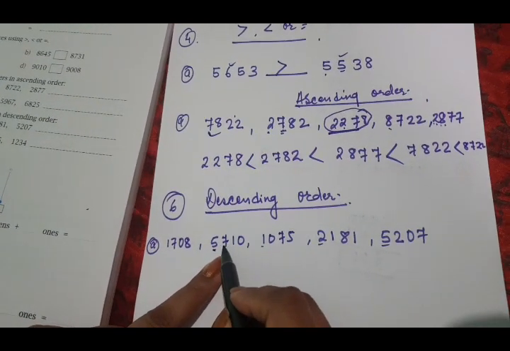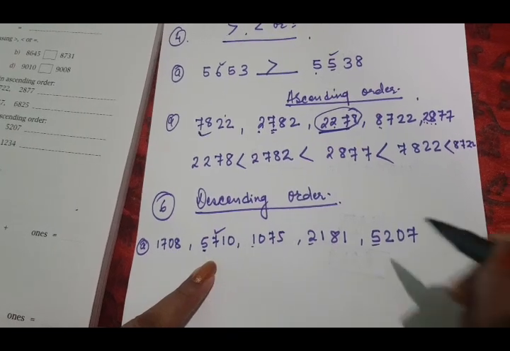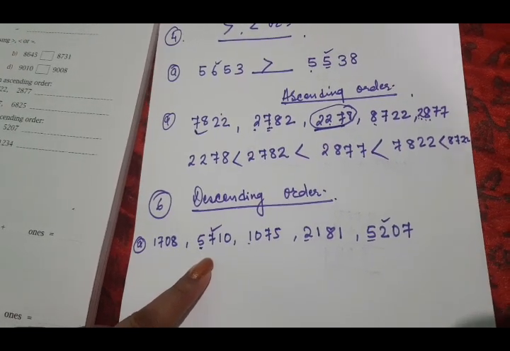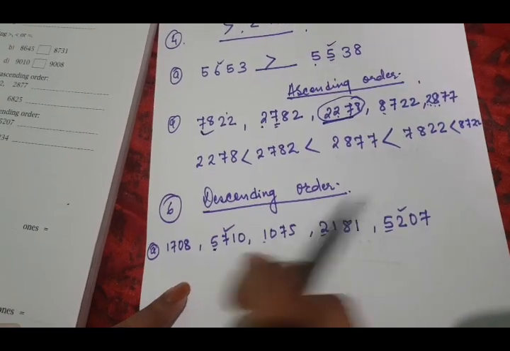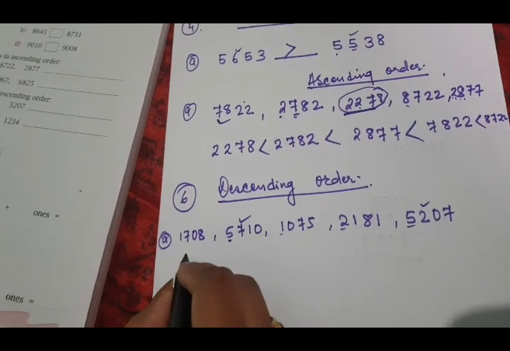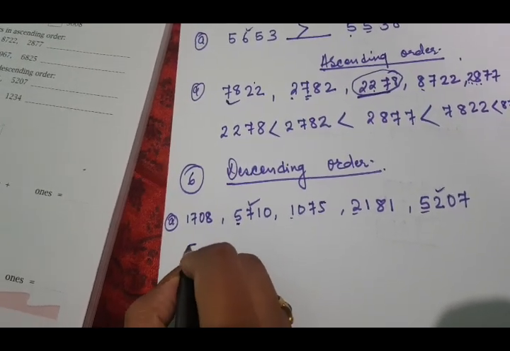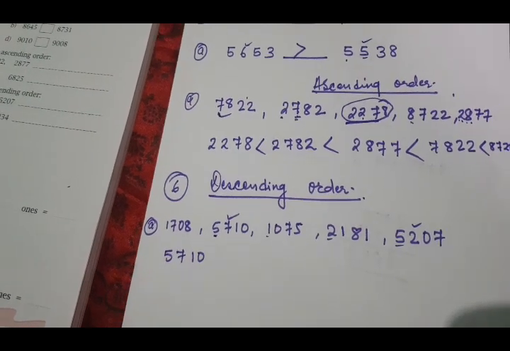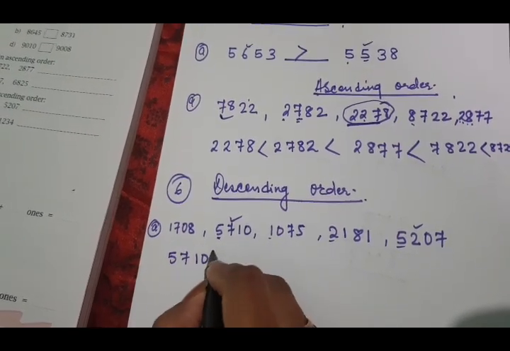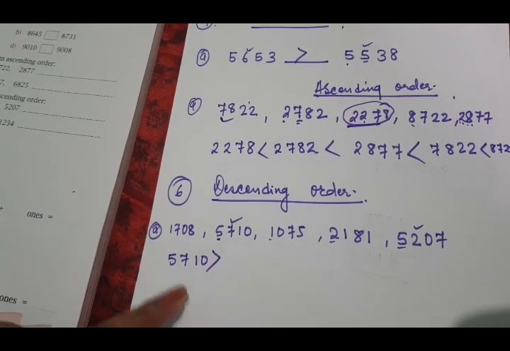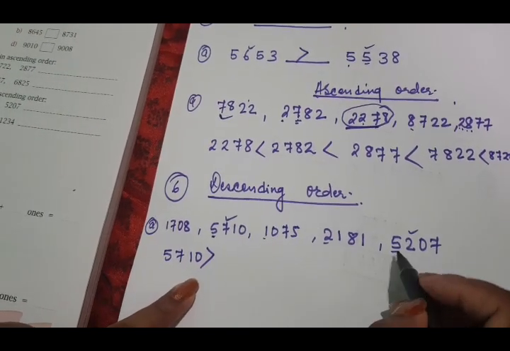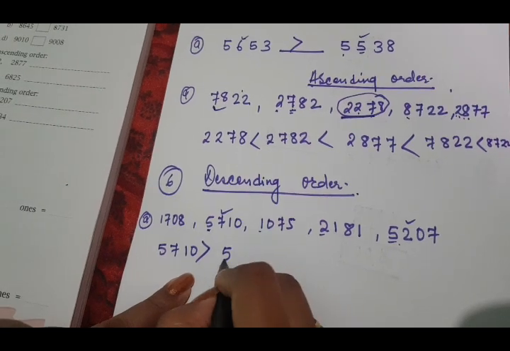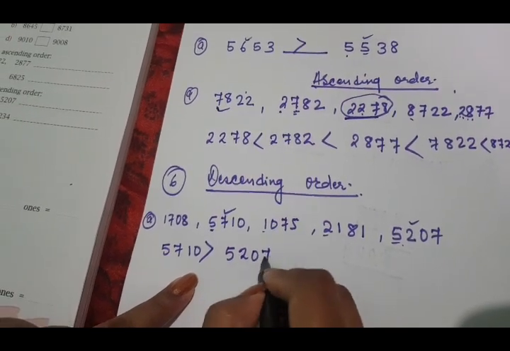So let us go to the next digit, that is 7 and 2. Among 7 and 2, 7 is the greater number. So 5710 comes first as the larger number. The sign will be like this, and the next will be 5207.